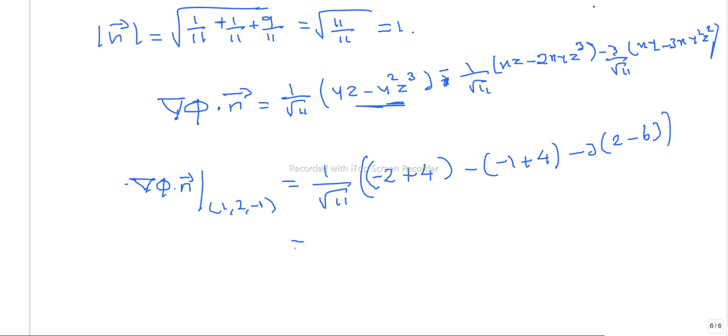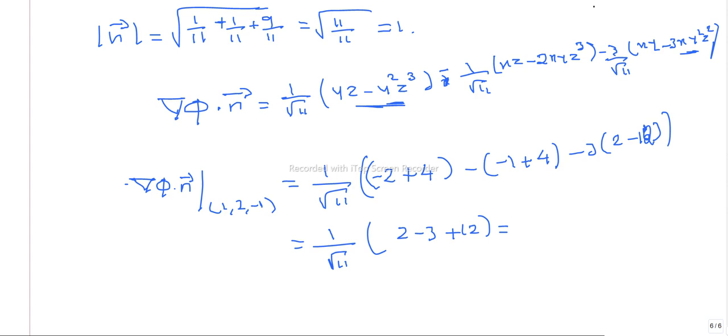So finally 1 by square root of 11, and this is 2, and this is 3 minus 3, and this is actually minus 4 plus 4, 12. So therefore 14, therefore 11. Otherwise I did some mistake, I think. Okay, this is actually 12, not 6, because 2 square is 4.